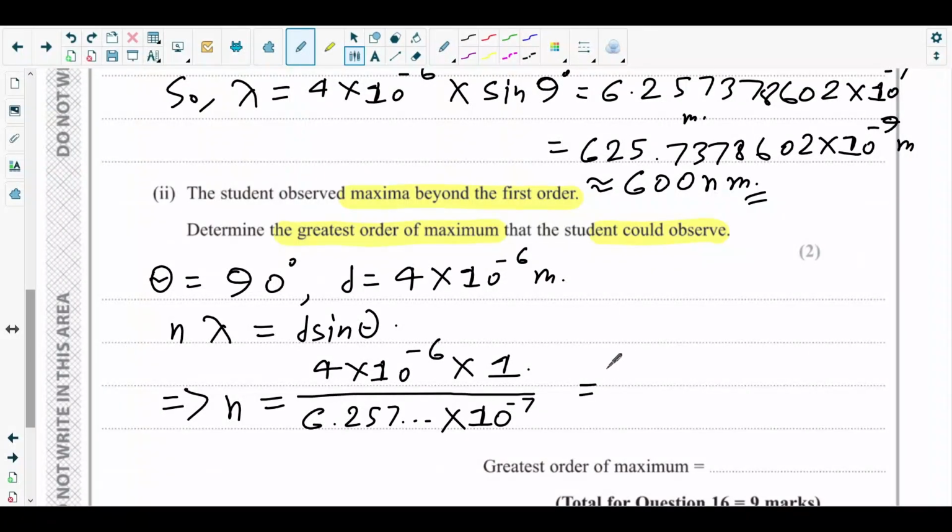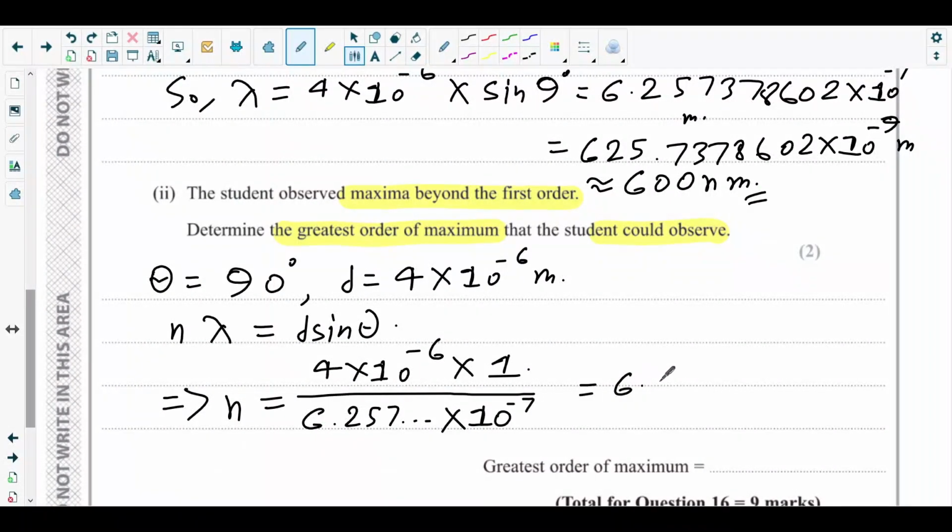Okay, that many orders. 4 times 10 inverse 6 divided by 6.257378602 times 10 inverse 7. If you divide, you will get 6.392453221, that many orders. So that means there are 6 complete maximum orders you can see.